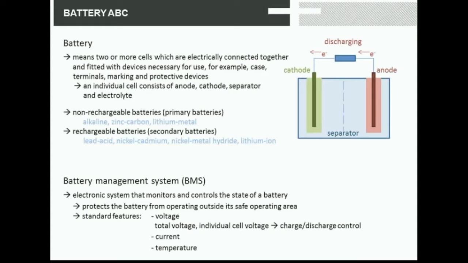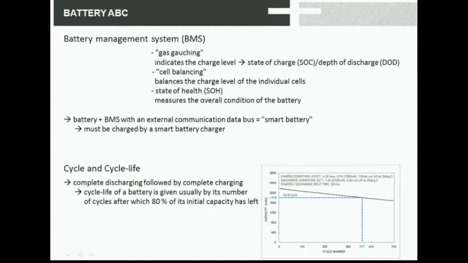In a battery, we have, in most cases, and of course in our case too, a BMS, battery management system. This battery management system is an electronic system that monitors and controls the state of the battery. It protects the battery from operating outside its limits. It has some standard features: voltage monitoring, current monitoring, temperature monitoring.